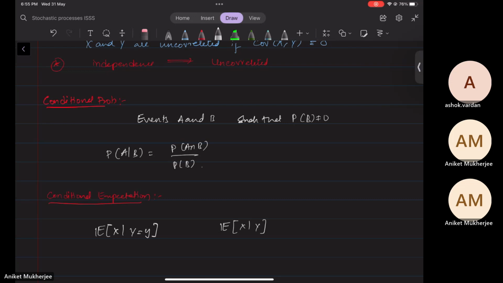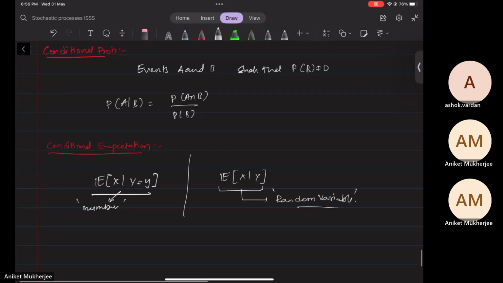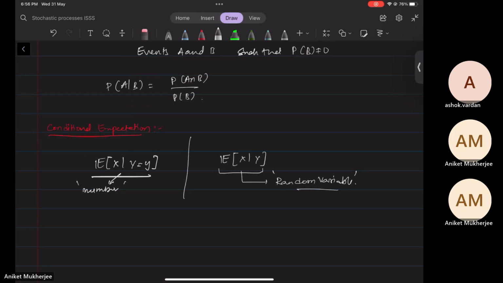So conditioning, you can do either on an event or on a random variable. If you do conditioning over an event, then this is a real number. If you do it over a random variable, then this also is a random variable. I hope the difference between the two types of conditional expectation is clear.